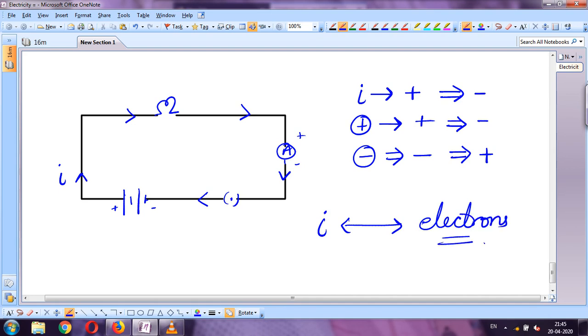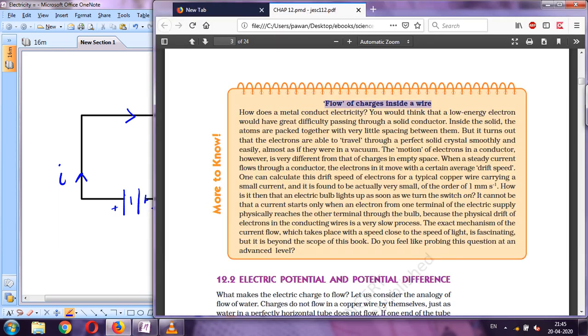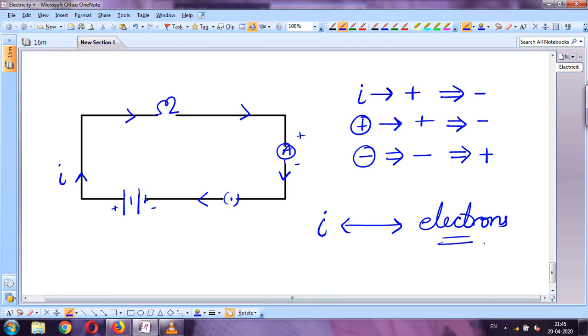Okay. After this, we are studying flow of charge. As you read here, flow of charge inside a wire. How and why the charge flows, you will see. Suppose there is no current in the circuit, what do you have? You have charge in the circuit. Means if there is charge, there will be a current. But what are we supposing here?